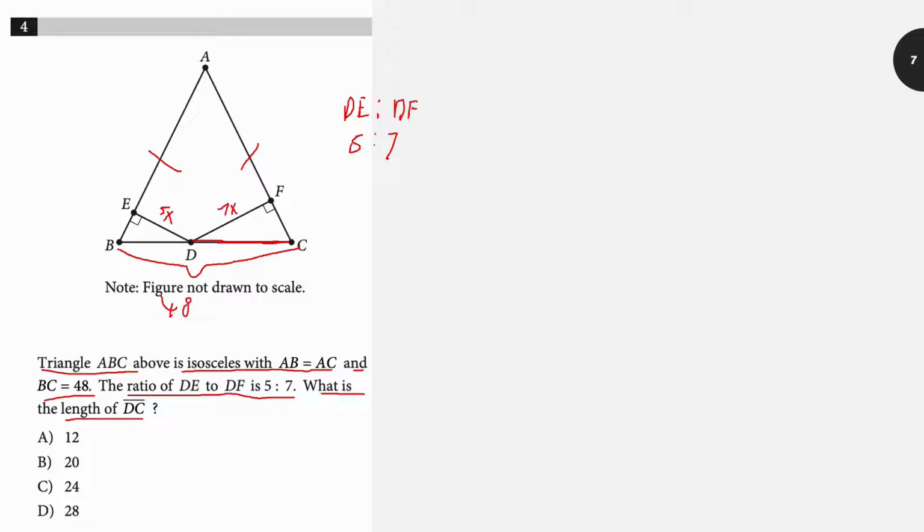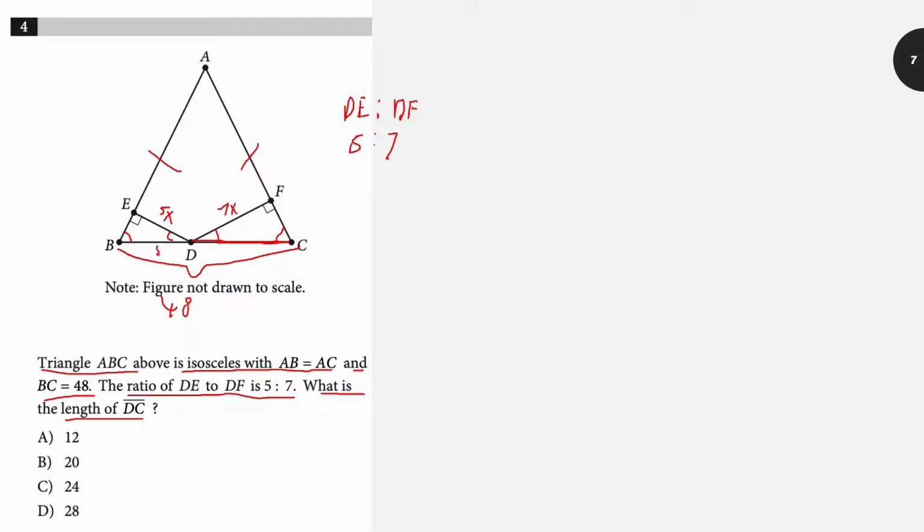The base angles in an isosceles triangle correspond to the congruent sides. So both these sides are congruent, so that means these two angles are congruent too, which means that these angles are also congruent. So you know that these two triangles are similar triangles.